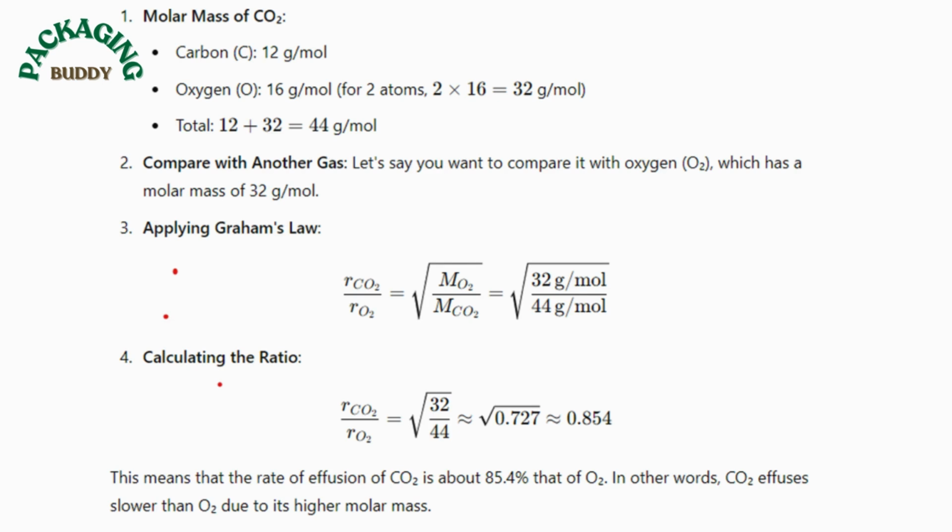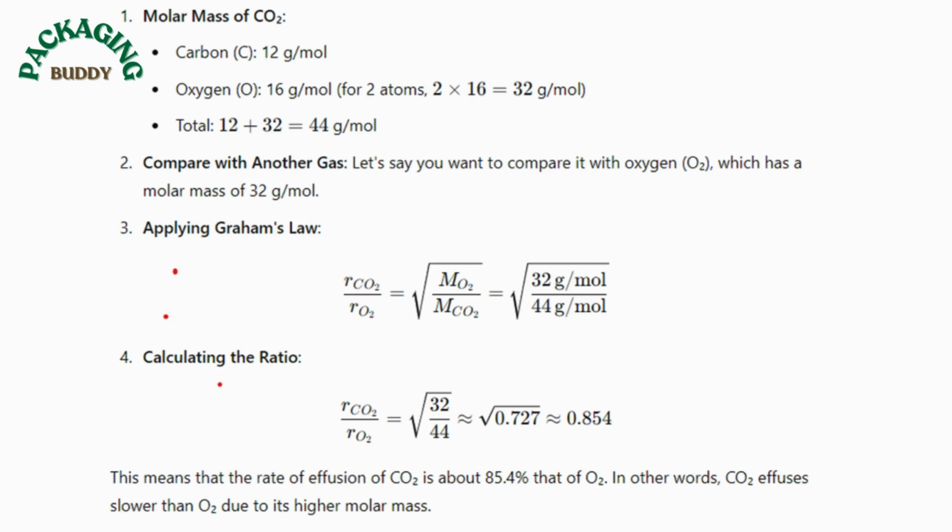Graham's law describes the relationship between the rates of effusion or diffusion of 2 gases and their molar masses. It states that the rate of effusion or diffusion of a gas is inversely proportional to the square root of its molar mass. The law can be expressed mathematically as R1 divided by R2 equals root over M2 divided by M1.